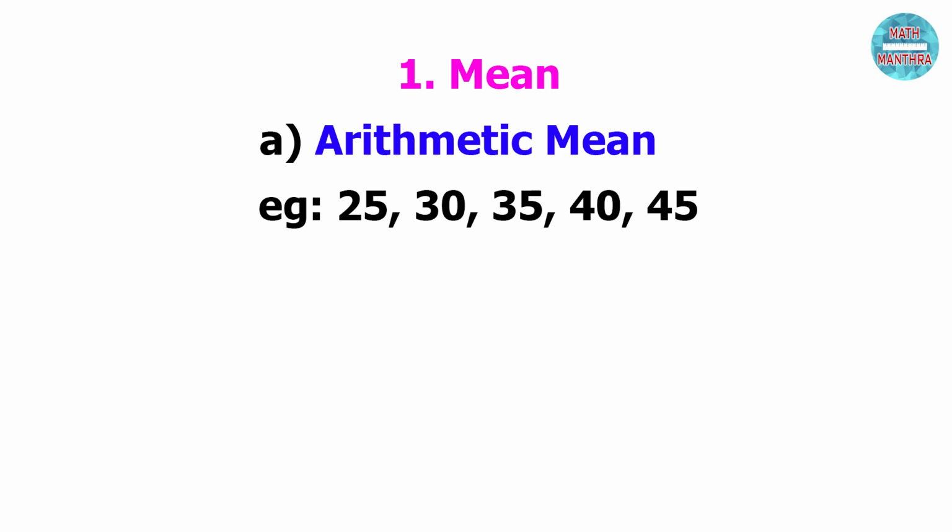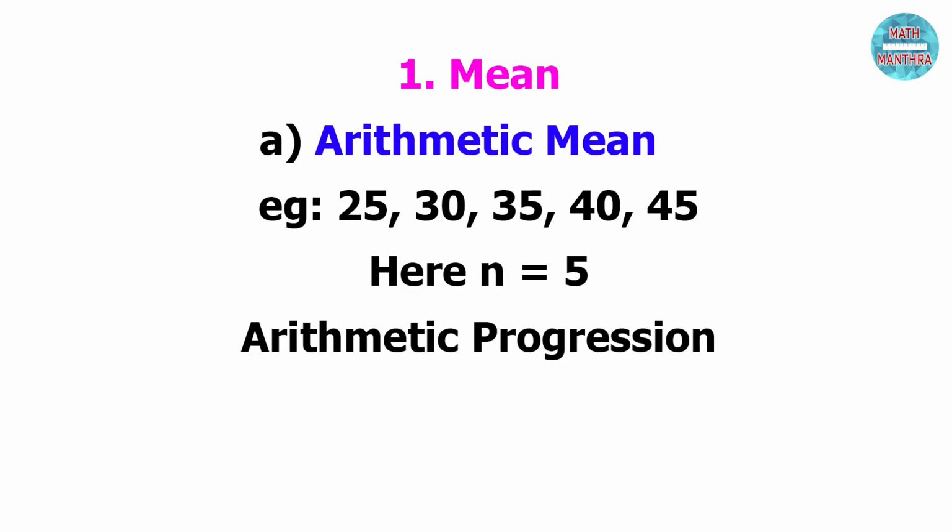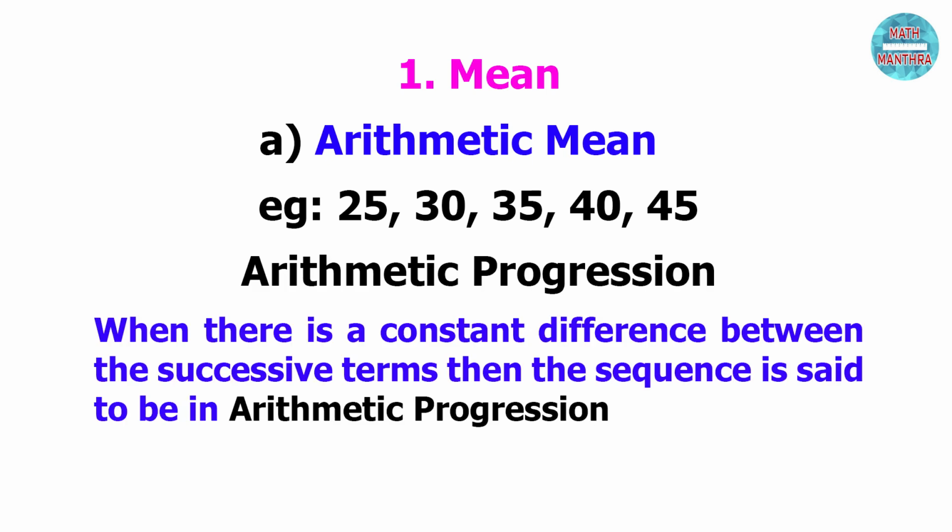It's very clearly seen that the successive terms have a difference of 5. Such data is said to be in arithmetic progression. When there is a constant difference between the successive terms, the sequence or data is said to be in arithmetic progression.